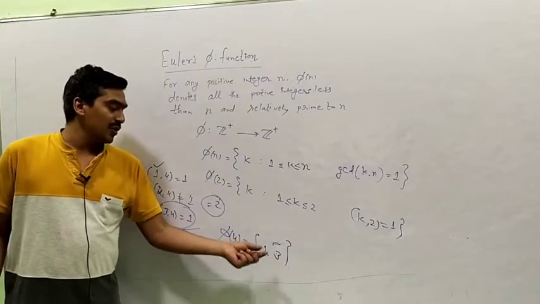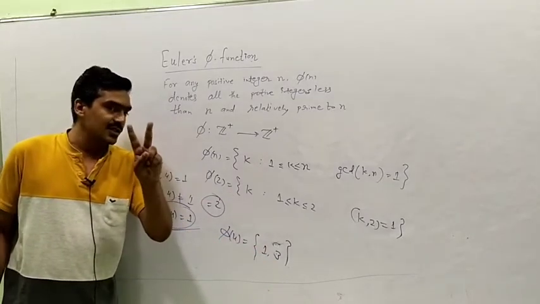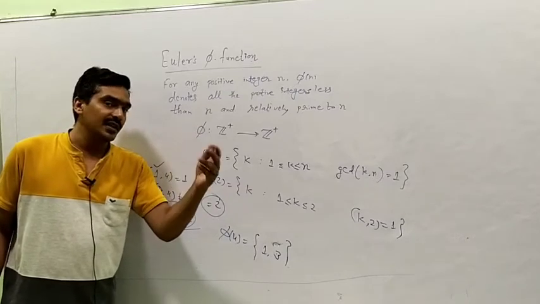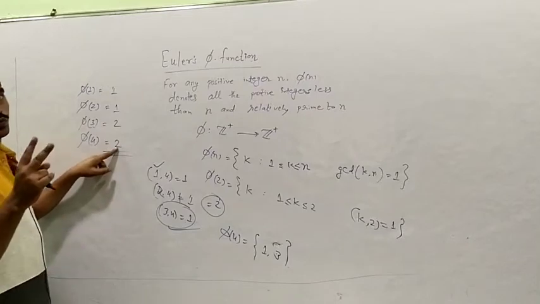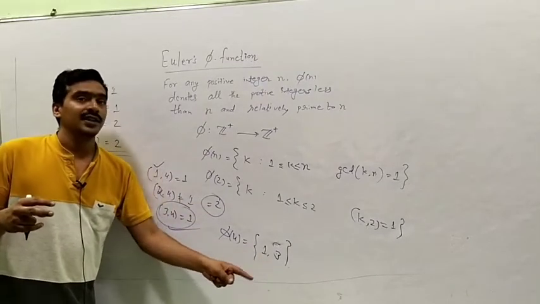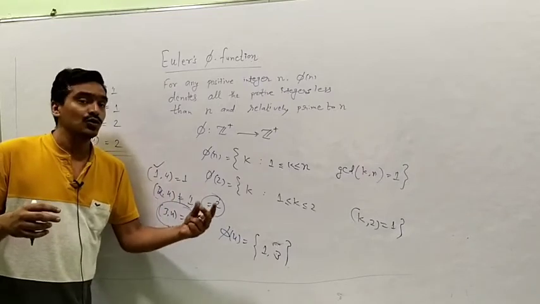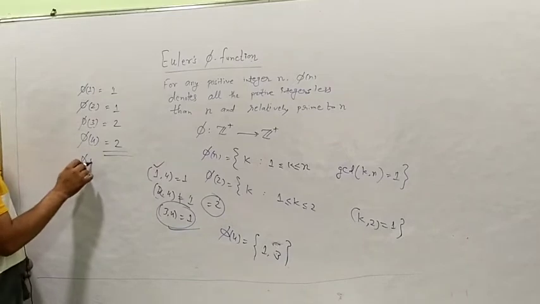The total number of integers is 2, and the integers are 1 and 3. So phi 4 is 2. Why 2? Because we have 2 integers, 1 and 3.